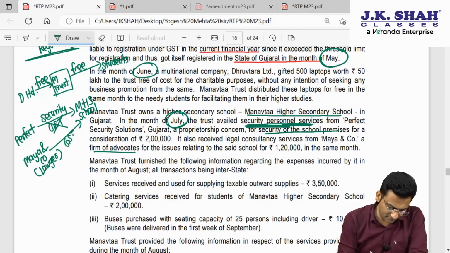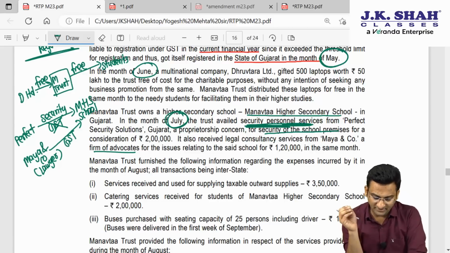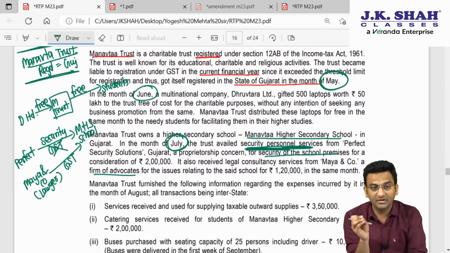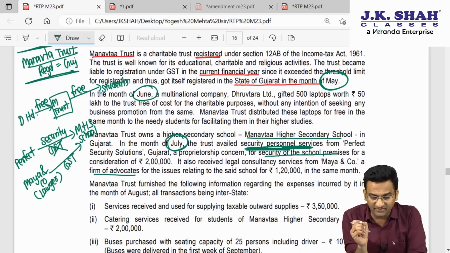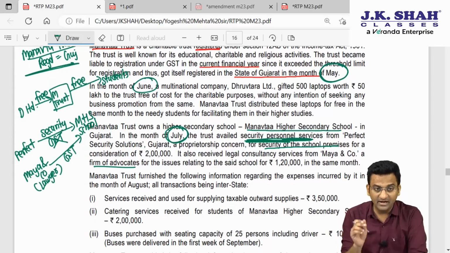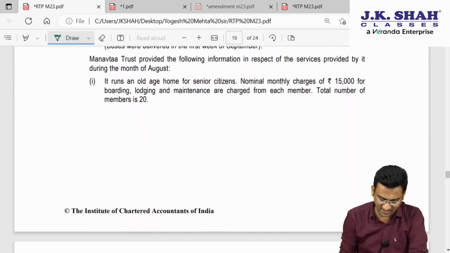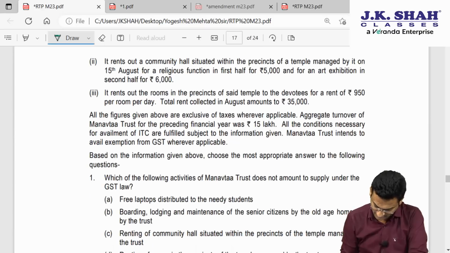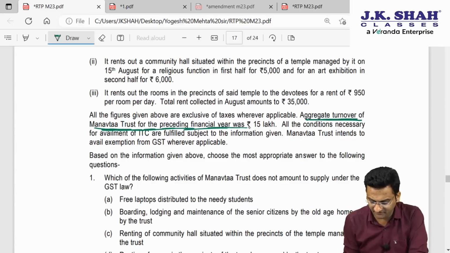So friends, Manavta Trust carries certain educational work, and certain charitable and religious activities. So it is a business entity, friends, and the aggregate turnover of the Manavta Trust for the preceding financial year was rupees 15 lakh.